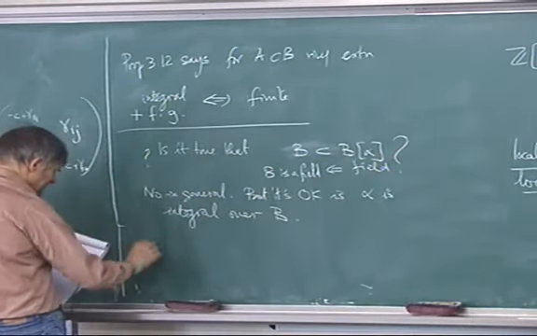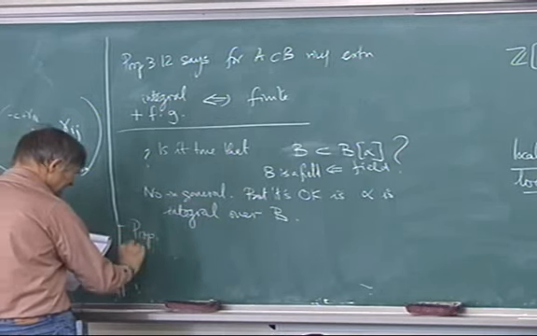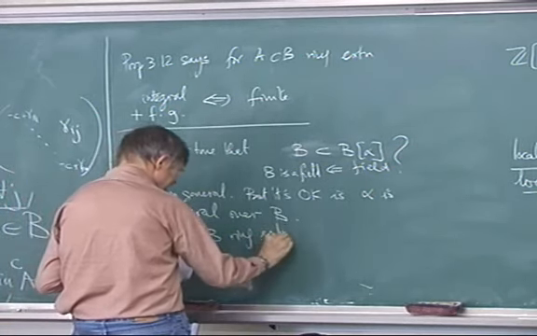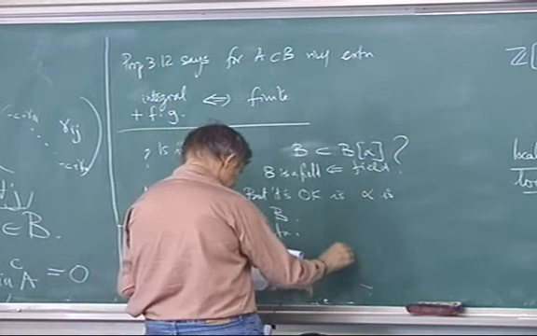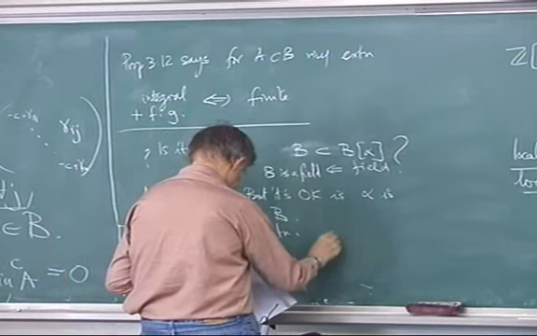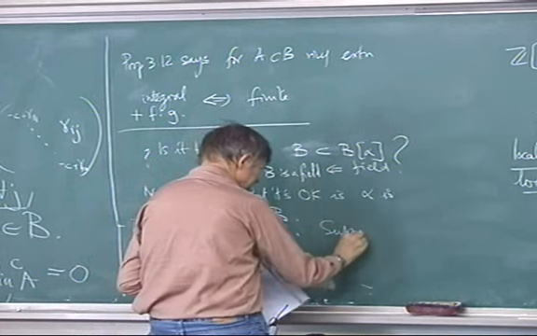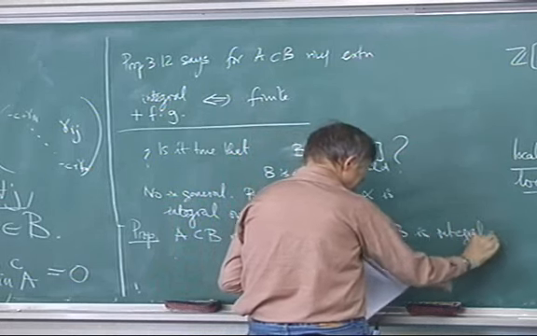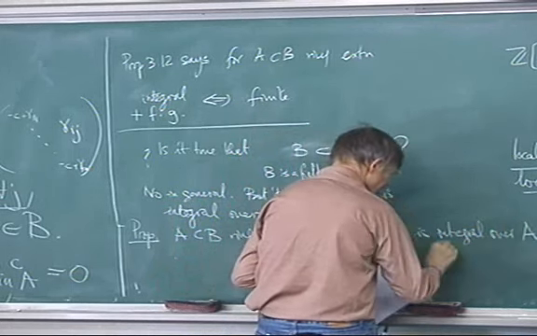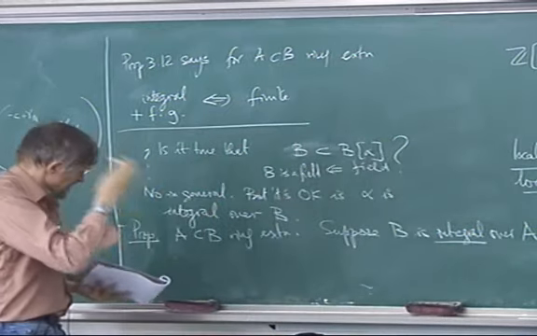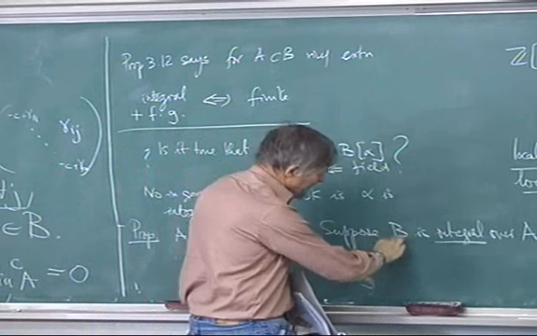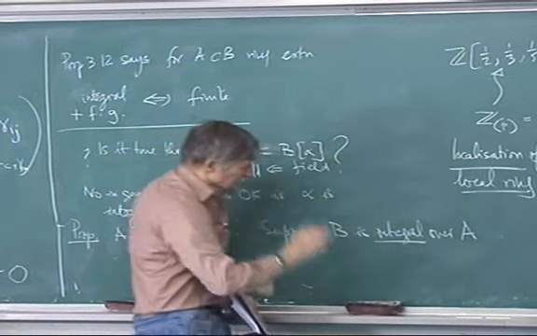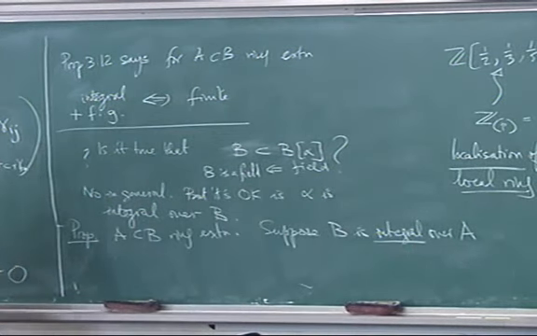Let me just say it, it's a proposition: A in B, a ring extension, suppose that B is integral over A. So every element of B satisfies an algebraic dependence relation over A, which is polynomial with leading coefficient 1, a monic relation.